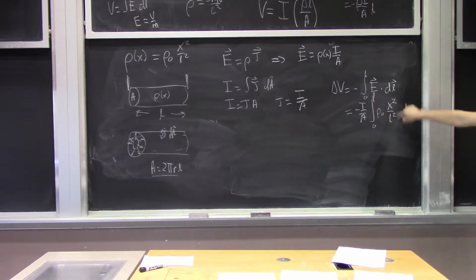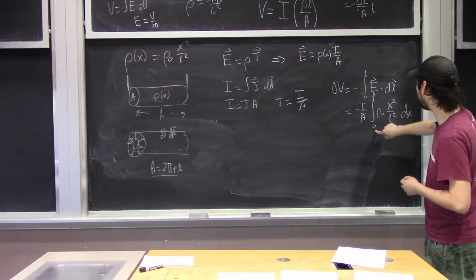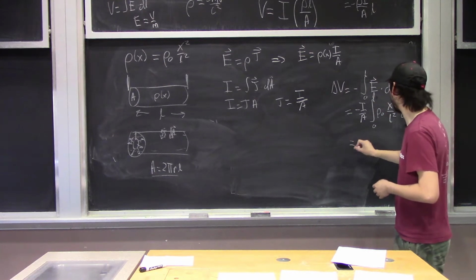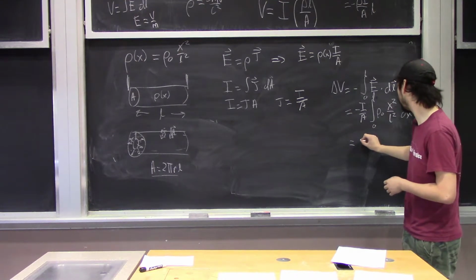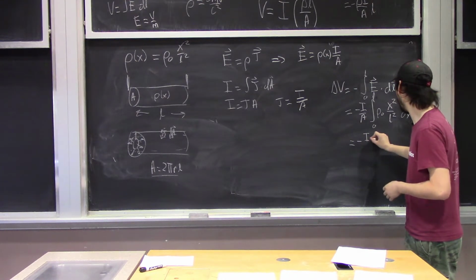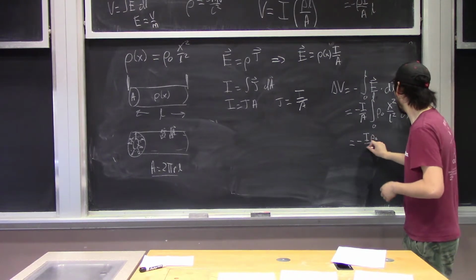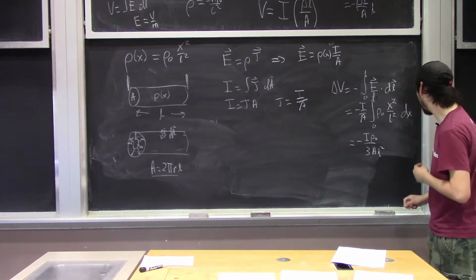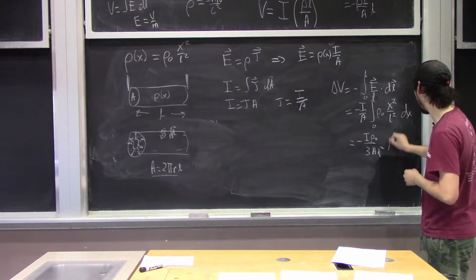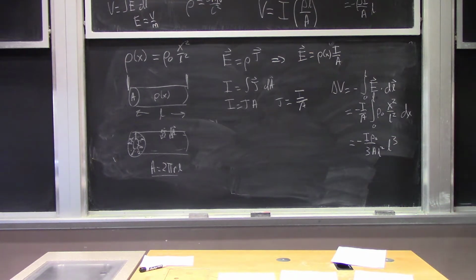So when I do this integral, I'm going to have an x cubed evaluated at 0 and at L. And so this is going to be x cubed over 3, that is. So this is going to be minus I times rho 0 over 3A L squared times L cubed, right?